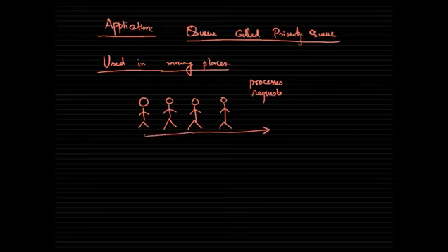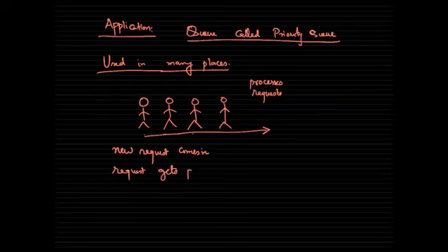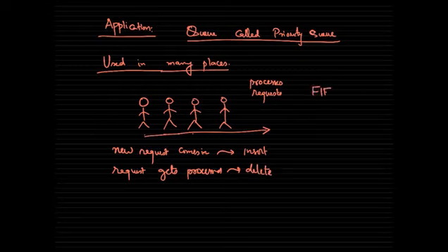And suppose a new request comes in, a request gets processed. So here you would insert, here you would delete, and so on. Okay. Now this is easy, and one of the simplest kinds of queue is called a FIFO queue.